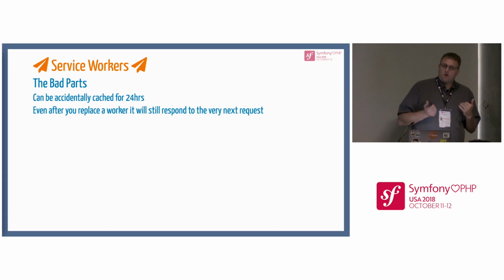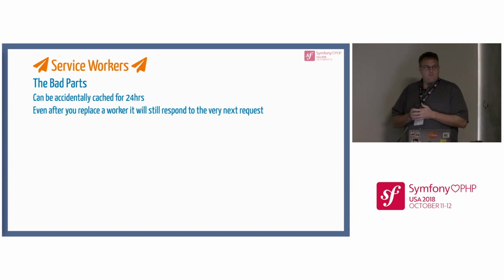Even after you replace a worker, workers replace themselves. So they replace themselves, another one waits in the wings, and then starts to serve the next request. That means the very next time your user visits your app after you've updated it, they're going to see yesterday's version or last week's version. This can kind of be a problem if you have bugs.